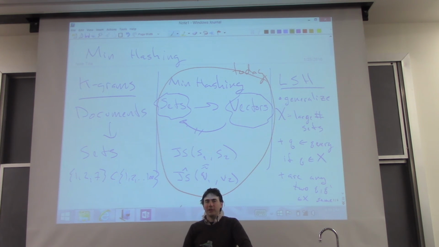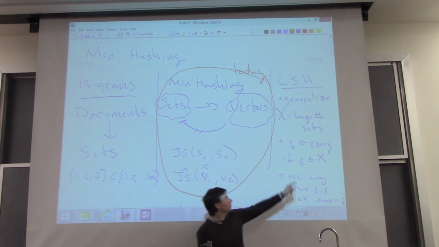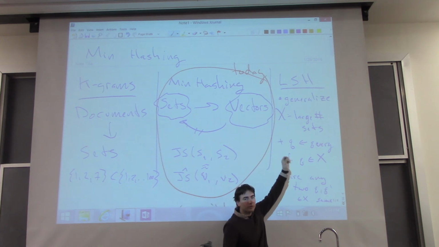So everyone in here has done a basic data structures class, right? Where you've done binary search. If you want to find nearby things, you can sort them, and if you want to do this query, you just use the sorted order along the binary tree.